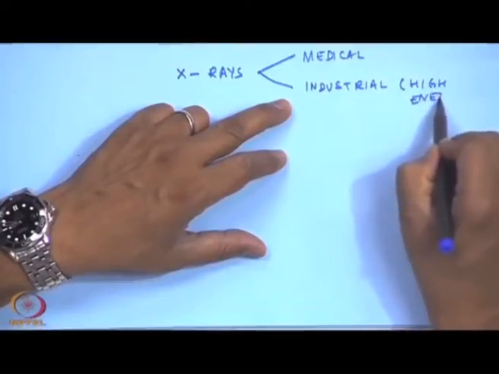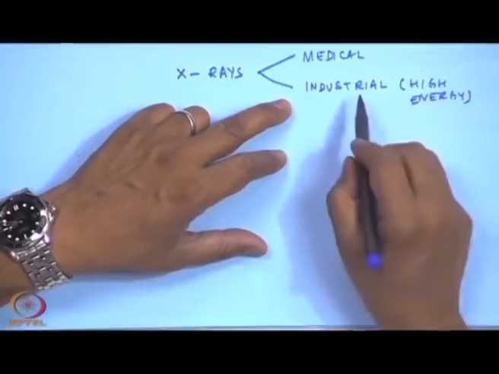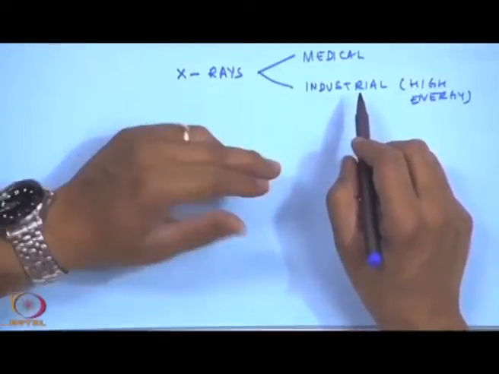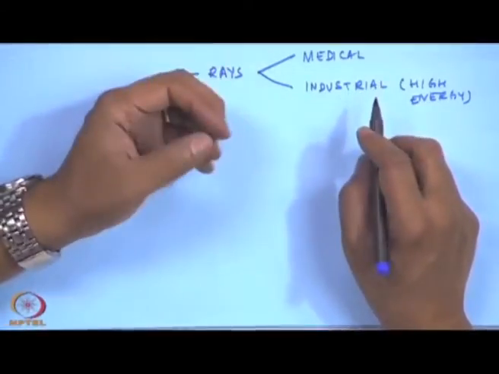Now, you can well imagine if this industrial X-ray is exposed to a human being, the cells may get damaged permanently. So, one has to be very careful even while doing the medical X-rays.